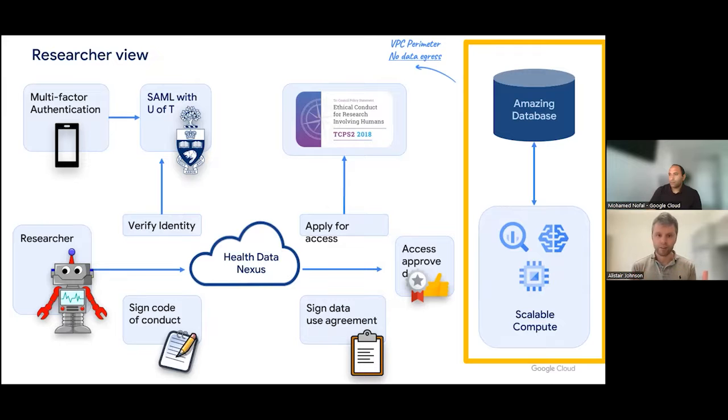Once you have an account and you're on the platform, your next step is to find that data set. You're going to go through an application process where you provide proof that you've taken appropriate training for research with human subjects or human participants. A TCPS 2 course is the typical one that most people doing medical research have already taken and keep up to date.